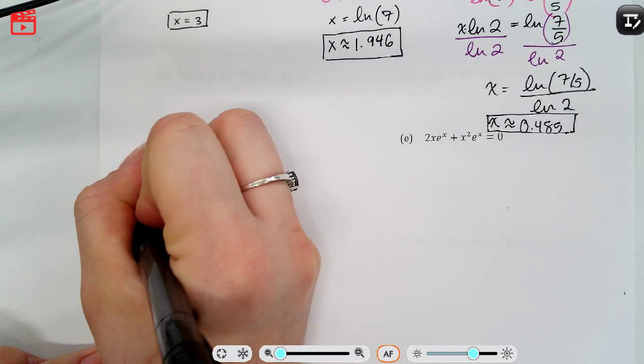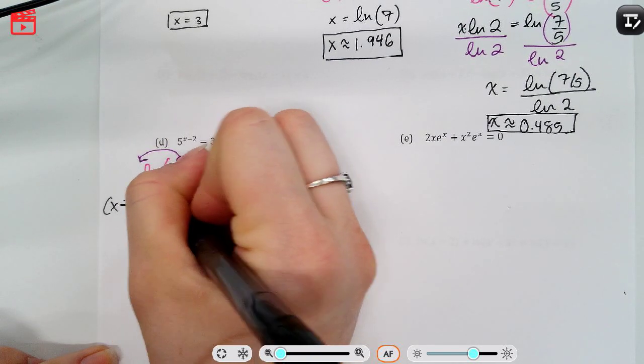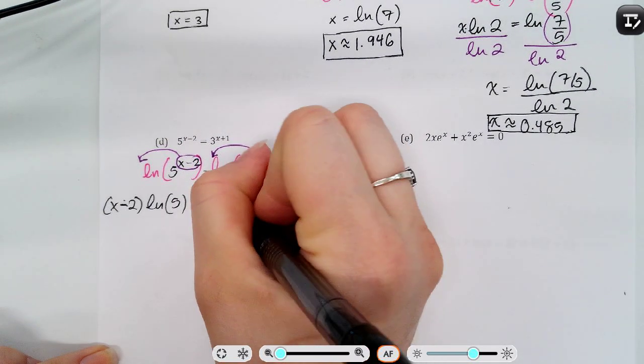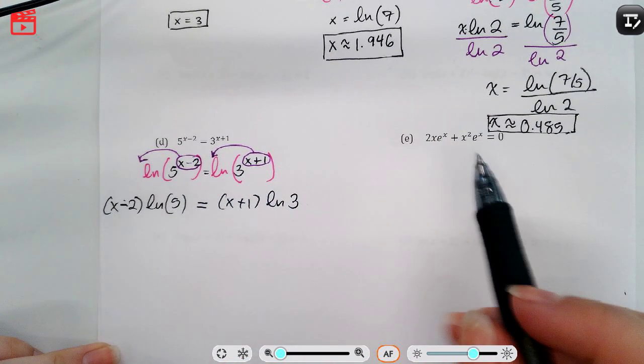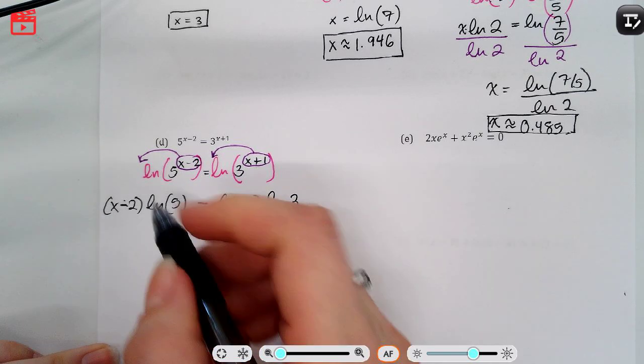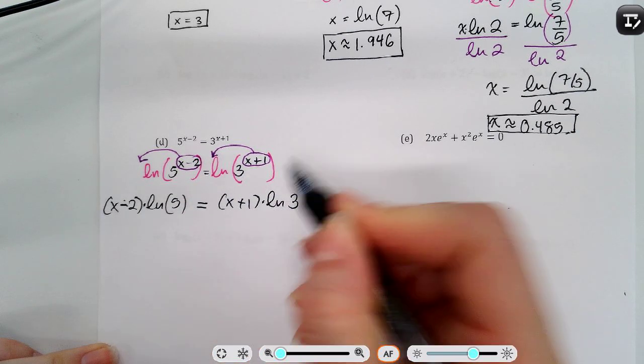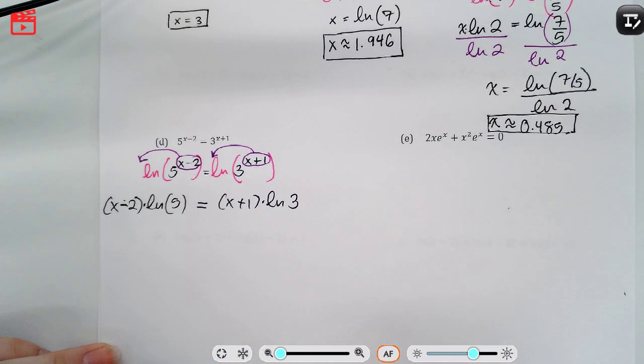All right. So then we have (x minus 2) times the natural log of 5 equals (x plus 1) times the natural log of 3. So we have this binomial being multiplied to my natural log, also happening on this side, and I'm trying to solve for x. So my plan is I want to get x on one side.